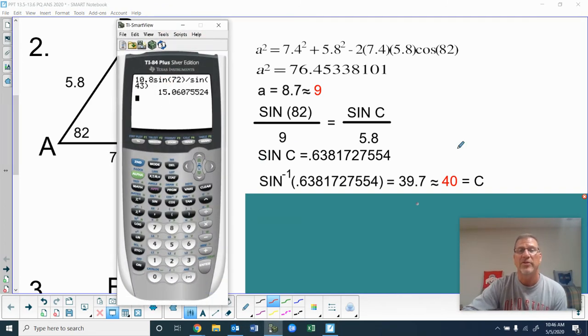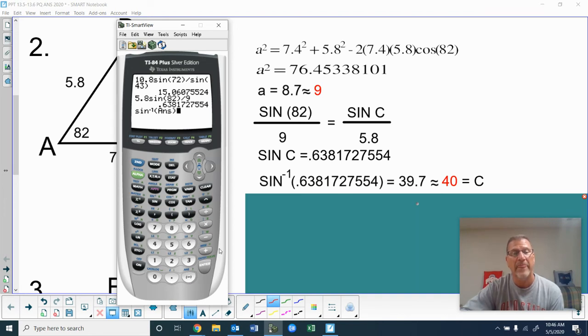So we're going to go 5.8 times the sine of 82, close it up, divided by 9, and that's where that 0.638 came in. Now remember, you have to hit second sine, the inverse sine, this negative 1 sign here.